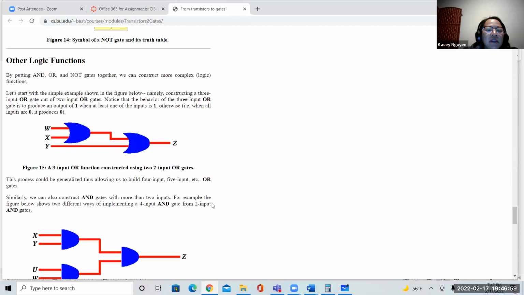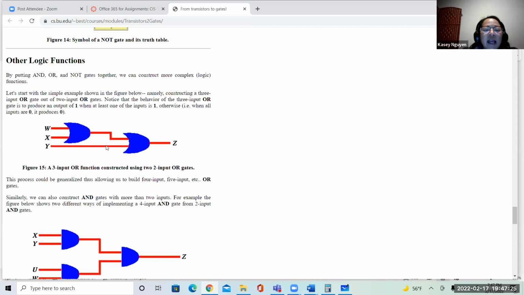So here, what you would see is that we have two inputs for the OR. Then it's going to take the output of that OR, use another input, and OR it again to give you the final result. So when you read this, you should be able to say, that's an OR, that's an OR.